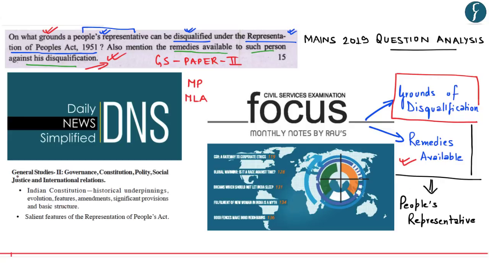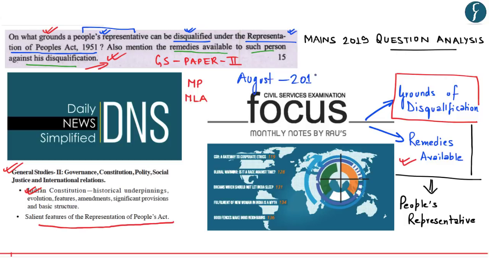Now as you can go through the syllabus, it comes under GS paper 2, specifically with respect to important provisions of the Indian Constitution as well as salient features of the Representation of Peoples Act. This question was asked by UPSC because a similar news appeared around August 2018.